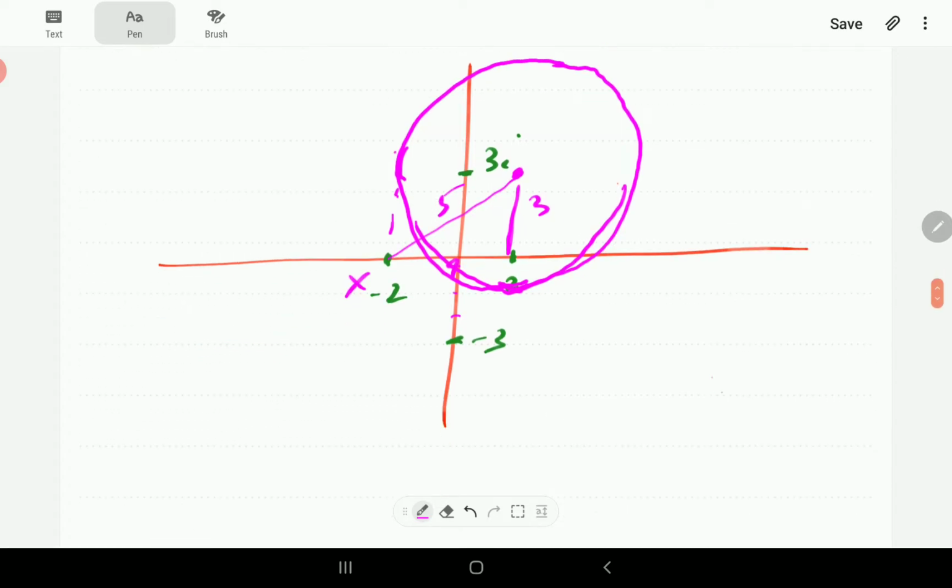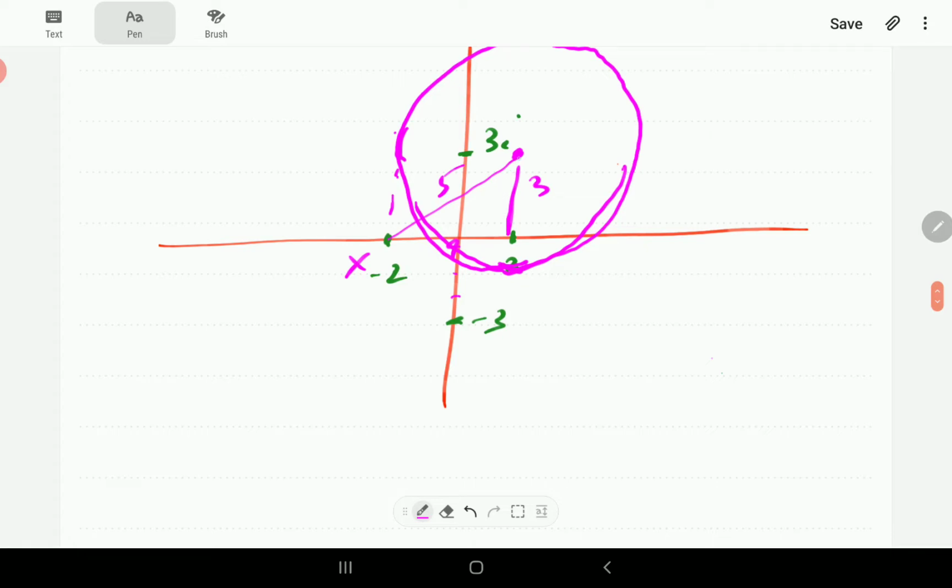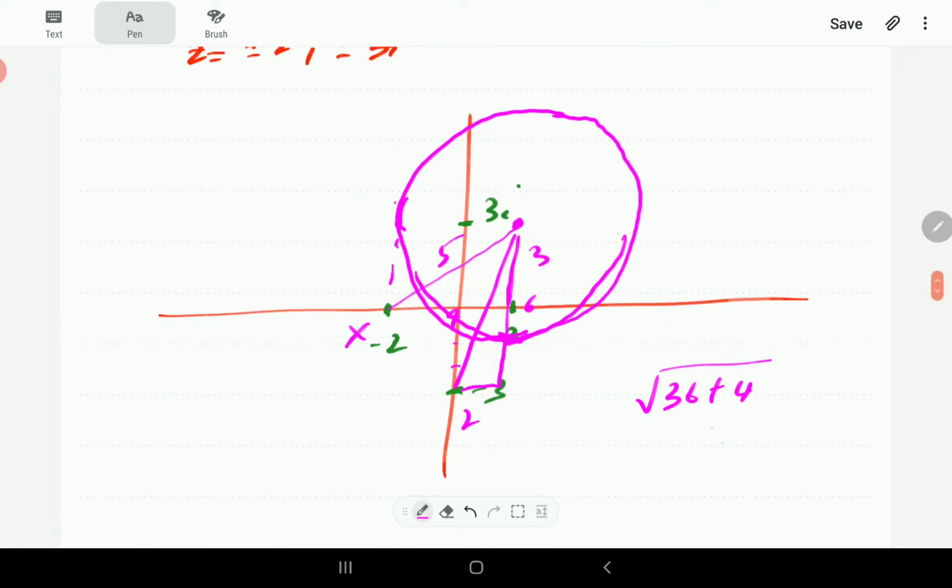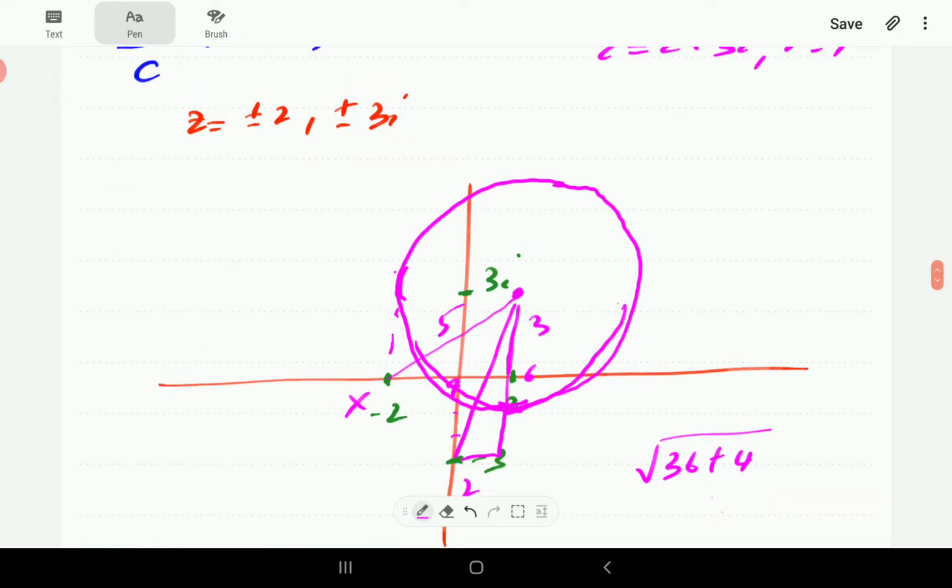That means this one is definitely outside. And then this distance here, so this side is going to be 6 and this side is going to be 2. So that's going to be the square root of 36 plus 4, the square root of 40, which is definitely more than 4, because 4 is the square root of 16. So the only singularities that are inside are 3i and 2.